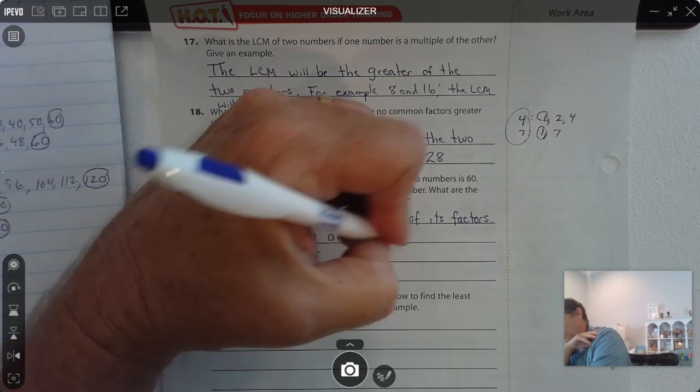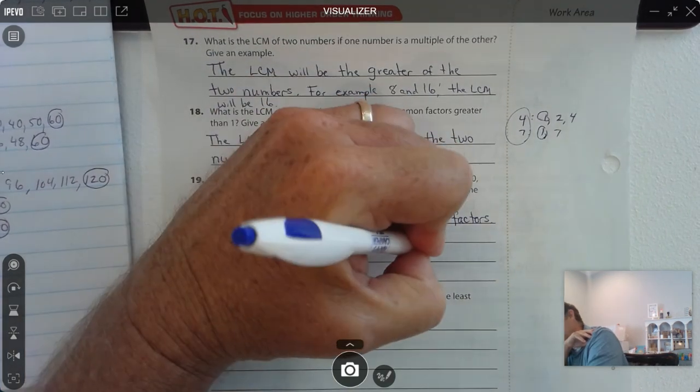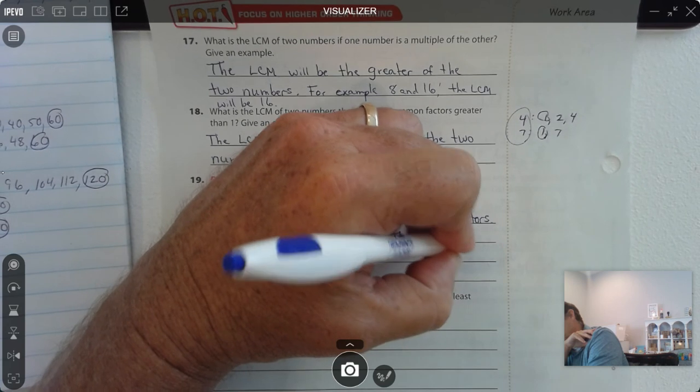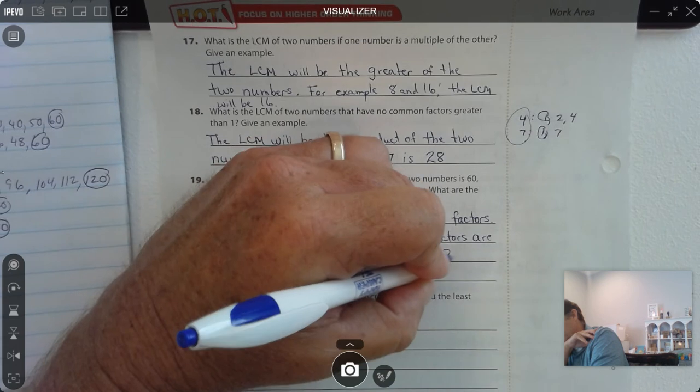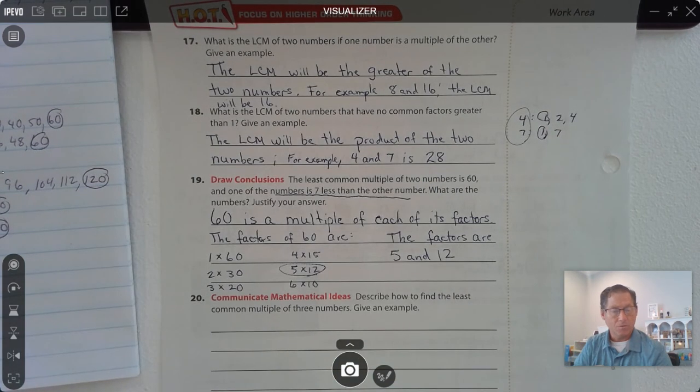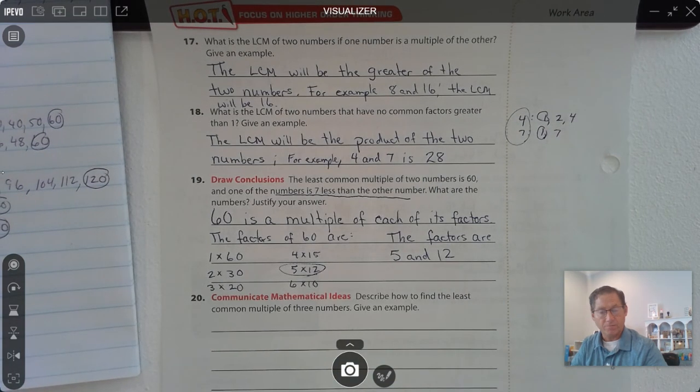So the numbers are 5 and 12. So the least common multiple of 5 and 12 is 60.